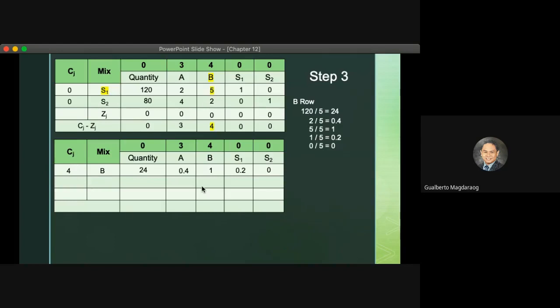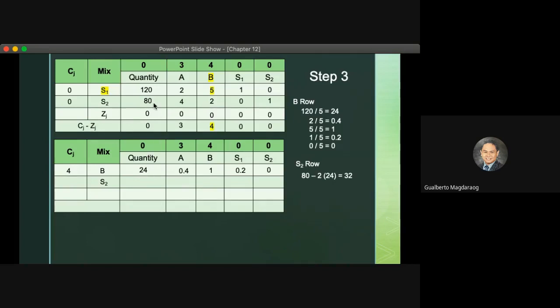Okay. Next is, we will not replace yet S2, but we need to change the value on S2 row. That is 80, original value is 80, minus 2, the intersecting value, and then multiply it with the value above that S2 row, which is 24.